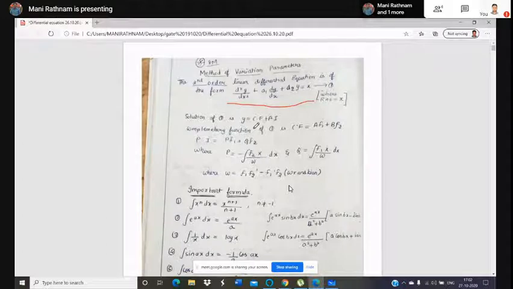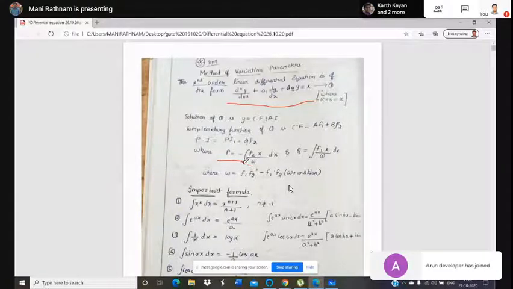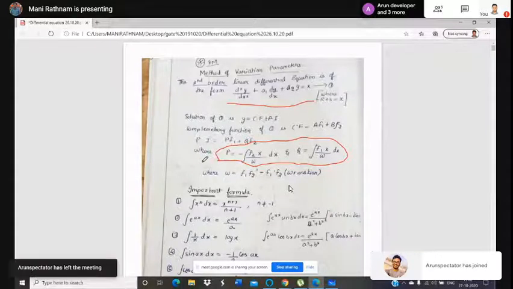After finding the complementary function, in variation of parameters we find the particular integral using a formula, which gives the particular integral directly. With the help of basic integration formulas, we can solve for the particular integral easily.